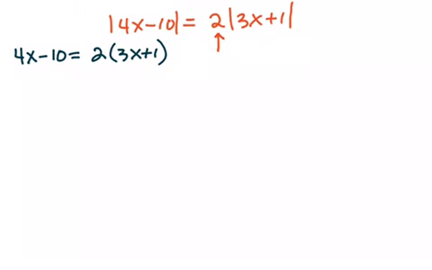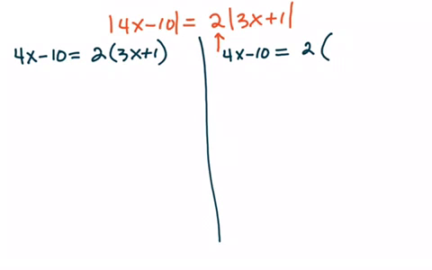But my other equation is going to be 4x minus 10 equals 2 times negative 3x minus 1. Do you see why? I have to change that whole thing into negative. So instead of saying positive 3x, I say negative 3x. Instead of saying positive 1, I say negative 1. And now we just solve it.